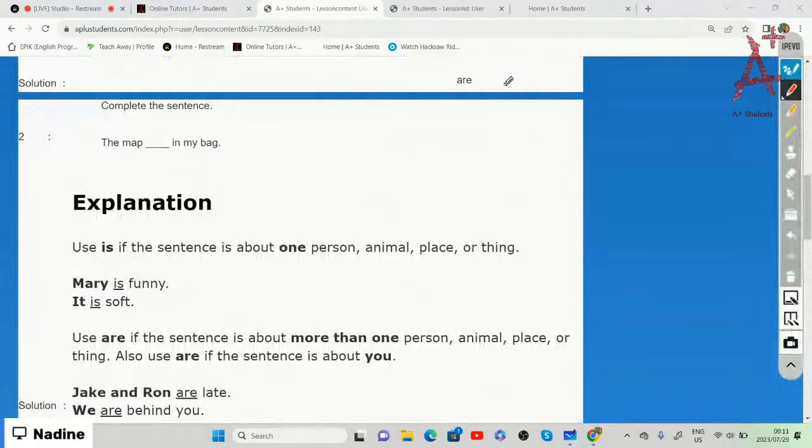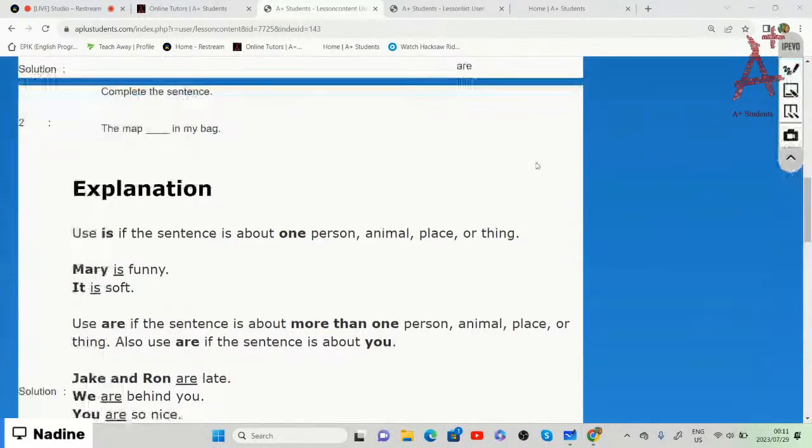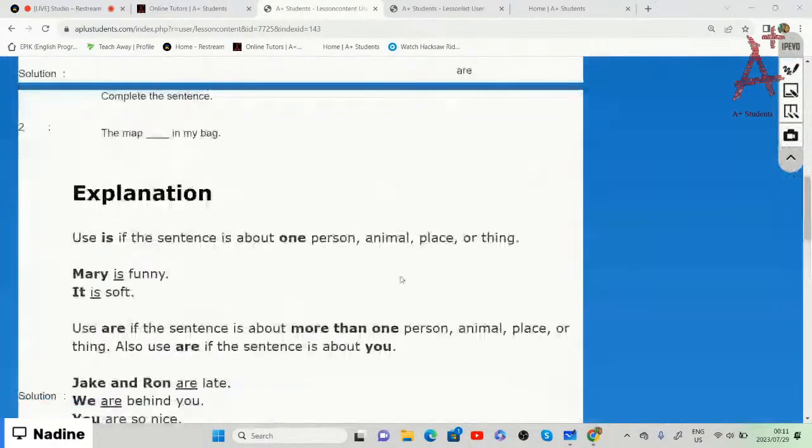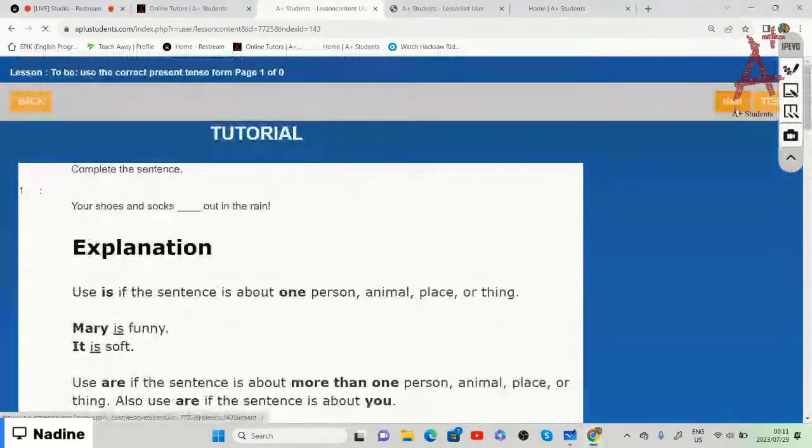The map is in my bag. We had to choose between is, am, or are, and is is the correct form that fits within that sentence. And here we even say the sentence is about one person, which means that the map is in my bag. Let's go next.